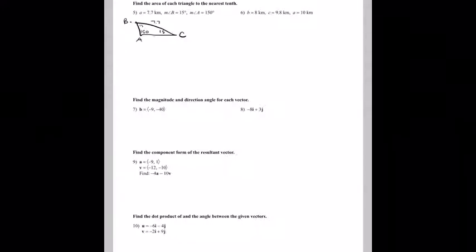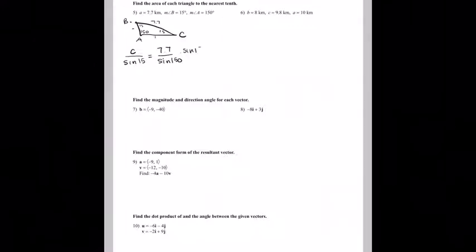So at this point, we can find either of the two sides. It doesn't matter. We could either find side C here, or we could find side B. Just because I started with side C, I'm going to stick with it. So side C over the sine of angle C is the length of A over the sine of angle A. Multiply both sides by the sine of 15.